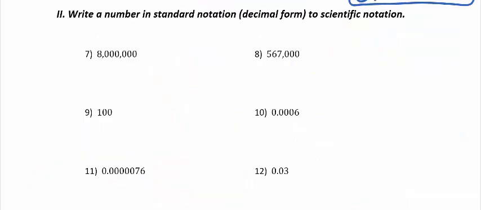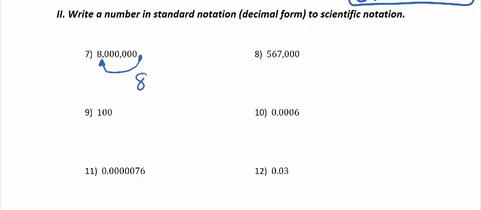Now we're going to write a number that's in standard notation or decimal form to scientific notation. So here we have the number 8 million, and the decimal point is at the end of the number. And so we want to move it all the way to here so that it's right after the first number that's not 0.